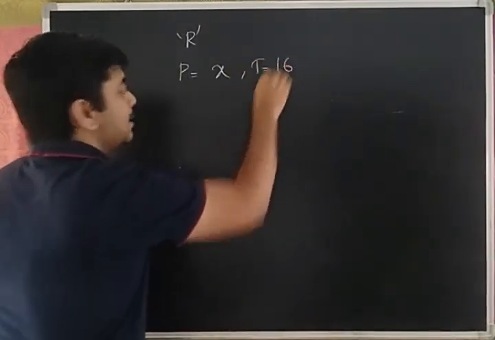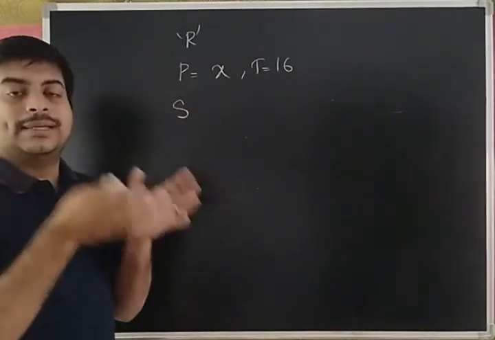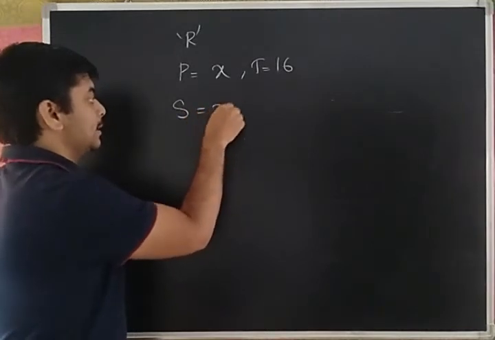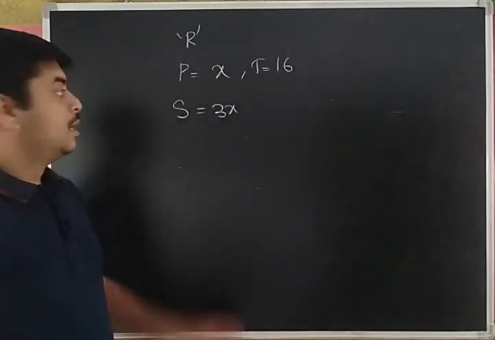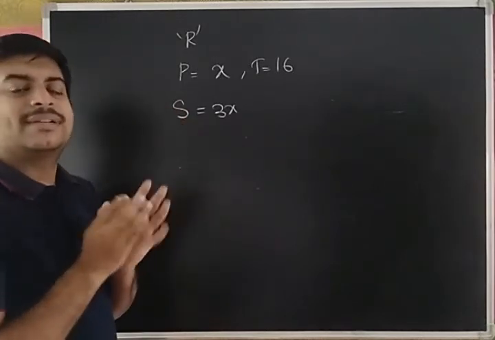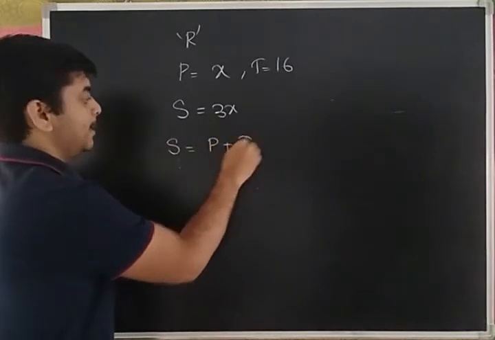Time period is 16 years. Triples means the total money you are getting back, including the interest, is 3x. Correct? So you have the principal, you have the final sum. What is interest? If you can remember, the final sum is nothing but the principal plus interest.